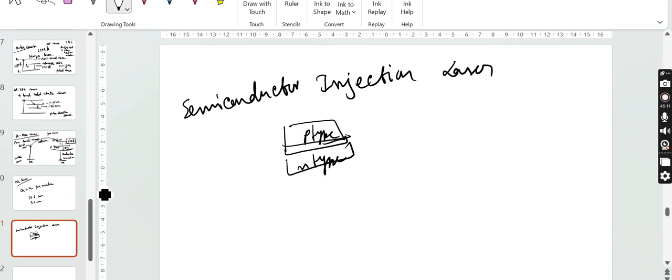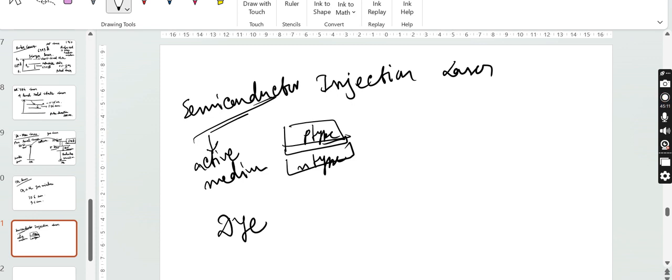There are also tunable lasers, and there are dye lasers. These are actually liquid lasers which have several advantages over solid state lasers. Organic dye dissolved in a suitable solvent like ethyl alcohol, methanol, or benzene, water is used as an active medium. This is the active medium, and there is the dye laser.